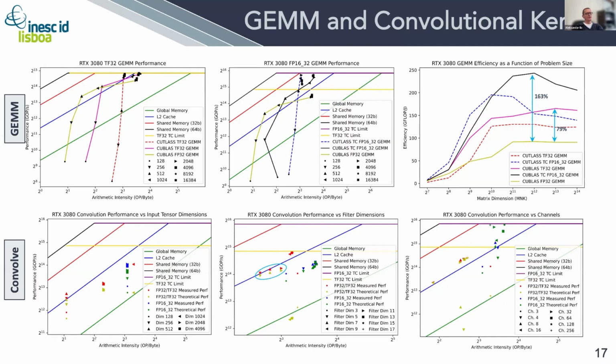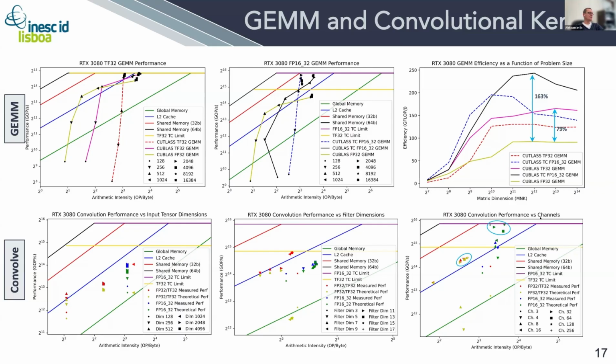Obviously, for tensor dimensions and filter dimensions, having higher ones is good, but it's not the only thing that allows you to exploit the maximums. For example, here we show that having many more channels is what allows you to fully exploit the GPUs.